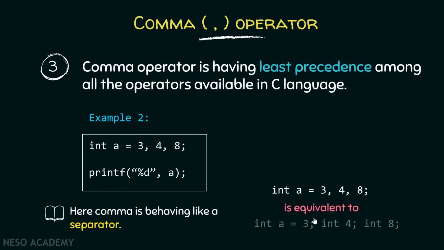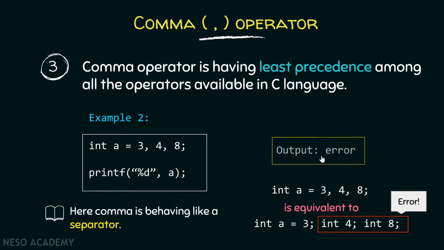This is equivalent to int a equals to 3, int 4, int 8. Isn't that so? As we are already familiar with this point that we cannot start a variable name with a digit like 4 or 8. Therefore, this will produce an error. So, the final output of this particular program is an error. Because here comma is acting like a separator, compiler treats these digits as separate variables. Because we cannot start a name with a digit, therefore it will produce an error message.